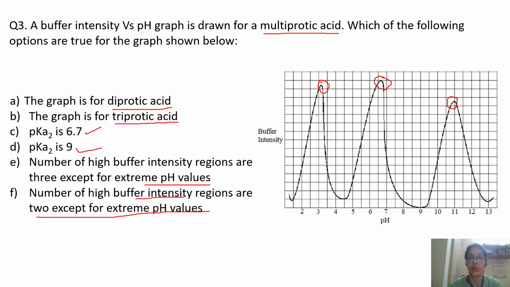So we are seeing three peaks. That's why it is triprotic. This is pKa1, this is pKa2, and this is pKa3.